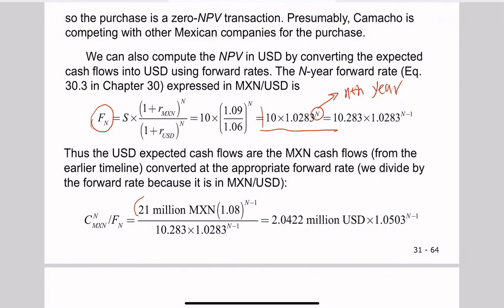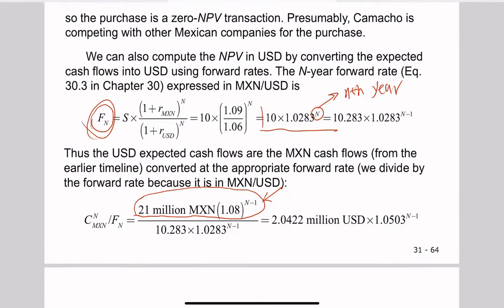And then because the cash flow increases at 8%, this means the cash flow in nth year in Mexican pesos will be given by this numerator. And then you can convert this back to the USD using the forward exchange rate in nth year, that is using this number.